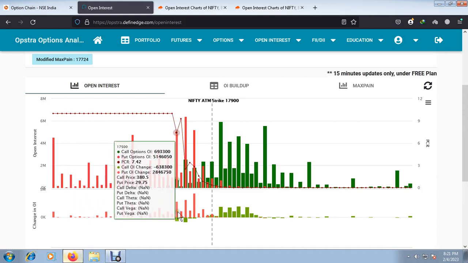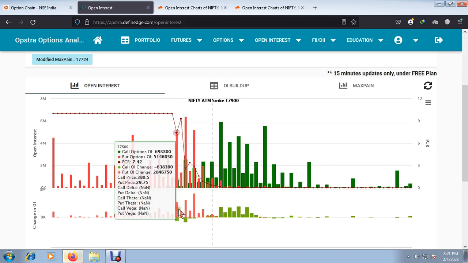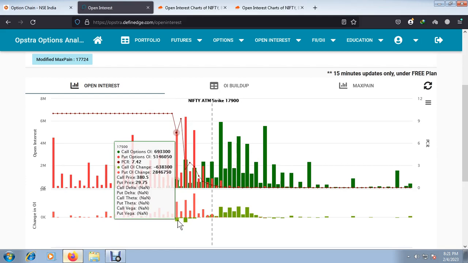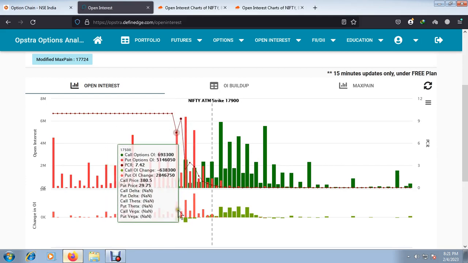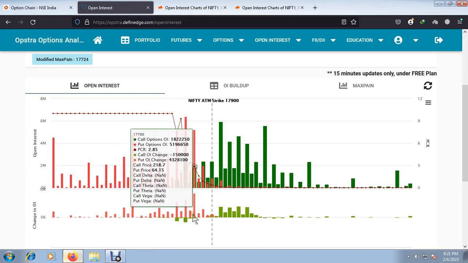Here the red bars are going up, meaning the put writers are active. 17700 is increasing, 17600 increasing, 17500 increasing, and the call writers are going out, the green ones going downside, meaning they are exiting, closing their positions, booking loss and doing short covering. 17600 CE is going out, 17500 CE is going out. This clearly indicates the sentiment of the market, that currently the put traders are dominating, the red bars are higher, and intraday in the live market we can assume that the market is likely to go up from here.